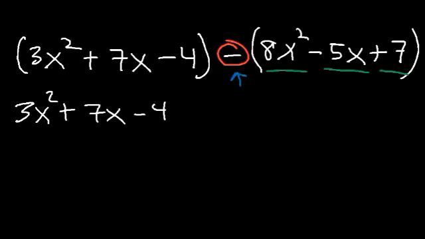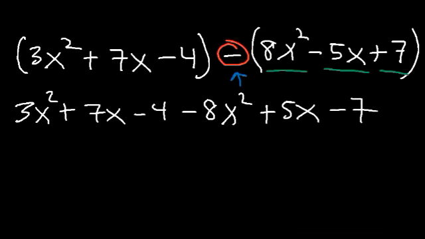So let's distribute the negative sign to everything on the right. So instead of having positive 8x squared, it's going to be negative 8x squared. And instead of having negative 5x, it's going to be positive 5x. And instead of having positive 7, if we distribute the negative sign to it, it's negative 7. And so now let's add like terms. 3x squared plus negative 8x squared. 3 minus 8 is negative 5.